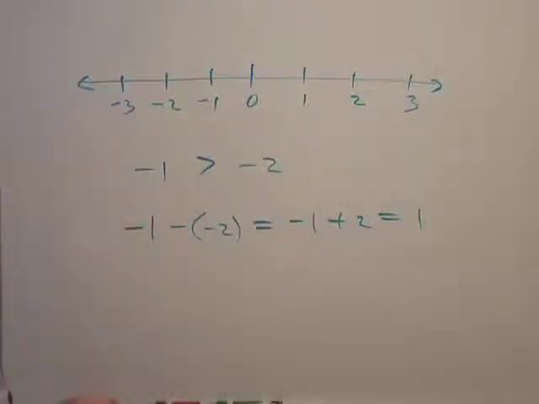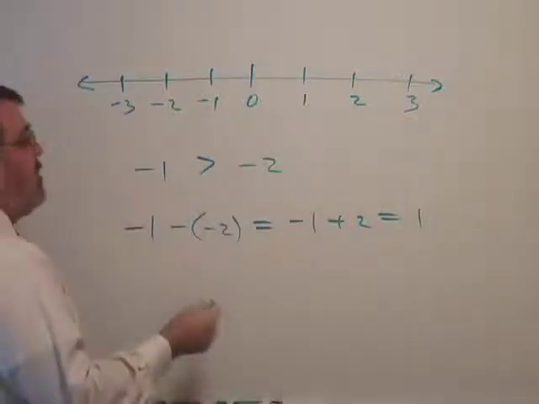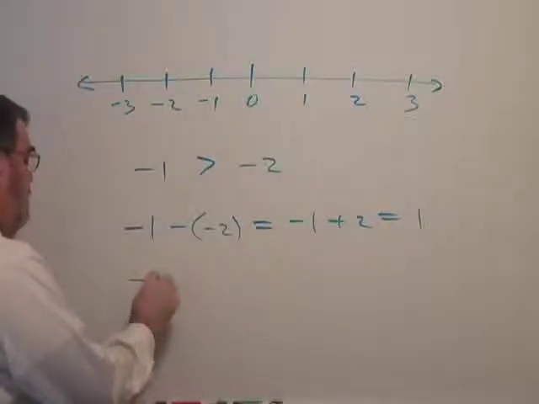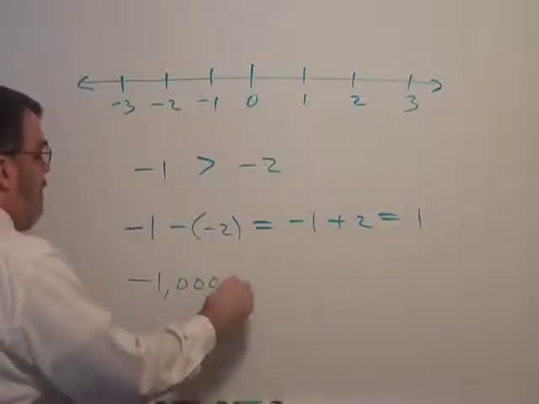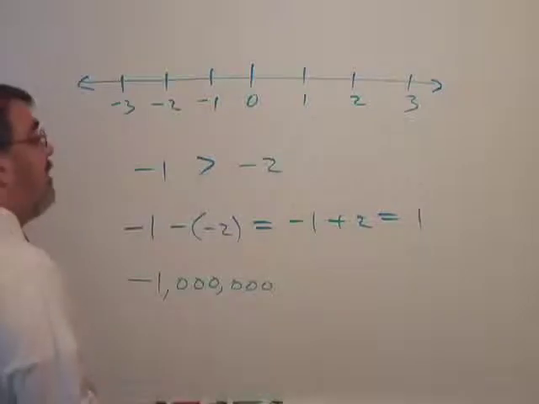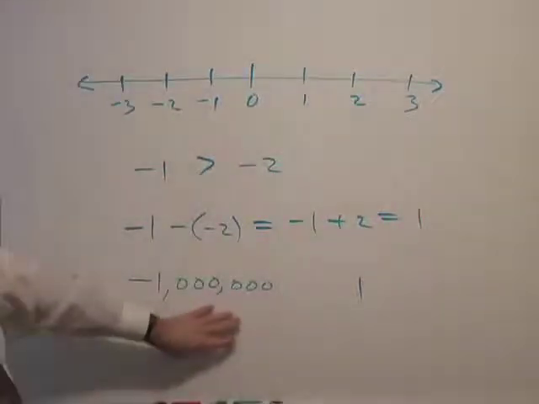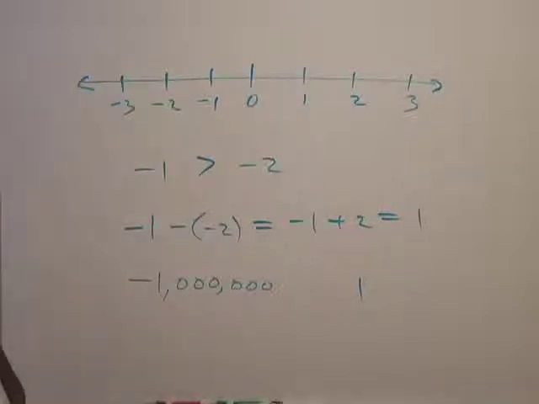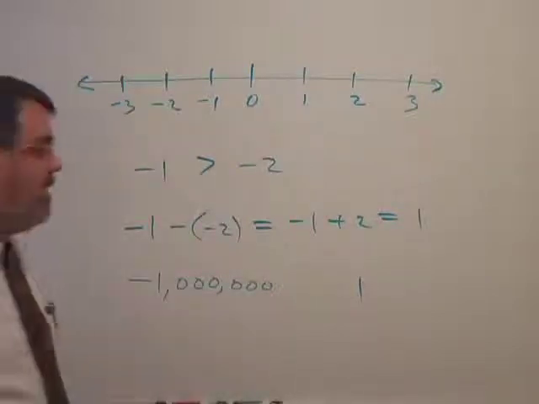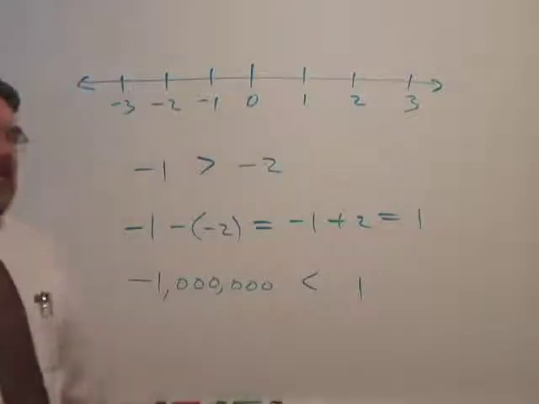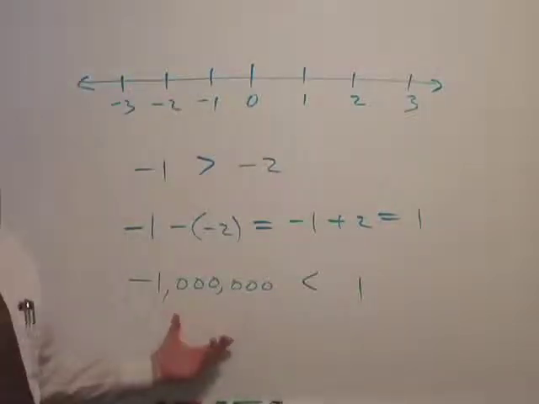And so you can look at something that looks sort of absurd, like -1,000,000. How does it compare to 1? Well, this is a very large number. Very large number. But it's still less than 1. Now, to me, you wouldn't say it's smaller than 1.